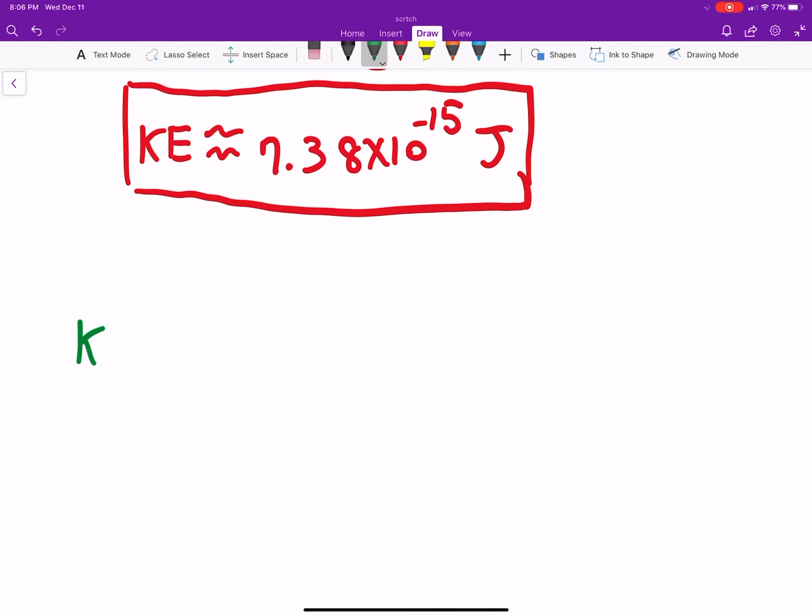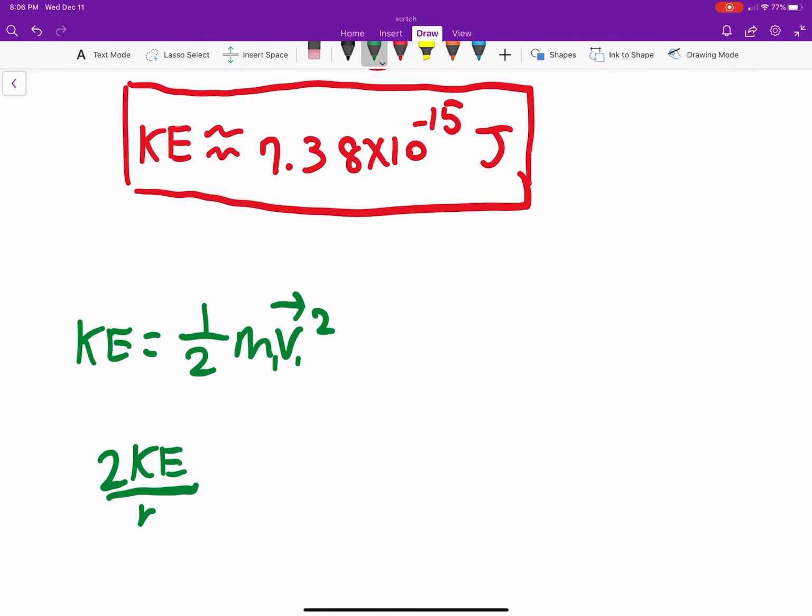So the kinetic energy is equal to 1/2 mv squared. It doesn't really matter which one you're using because they all have the same. We can just say this is 1, but the mass and velocity are the same. What we're trying to solve for is the velocity. So the square root of 2 times our kinetic energy, all divided by the mass, is equal to our velocity.